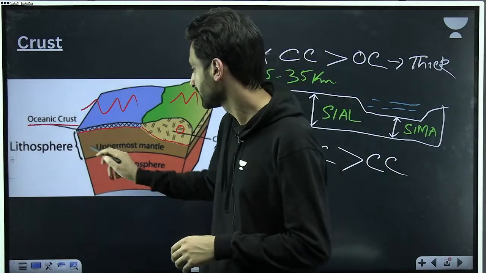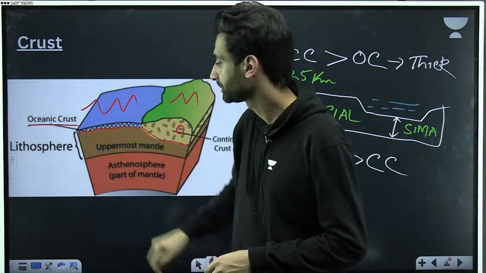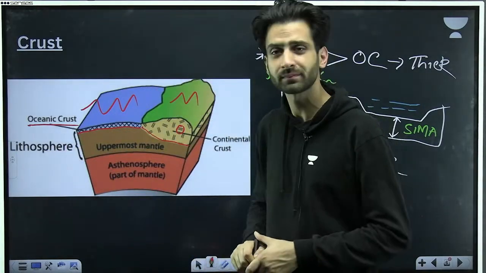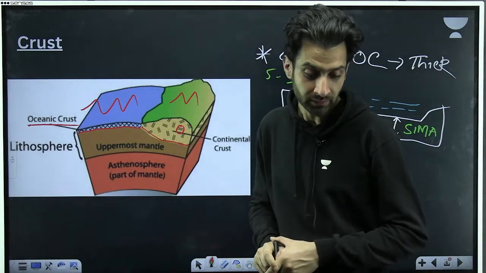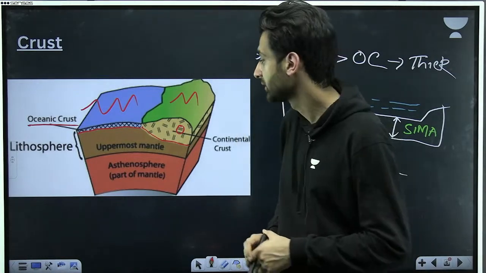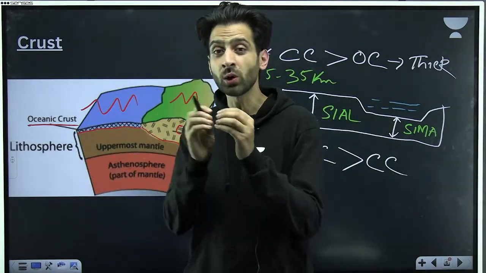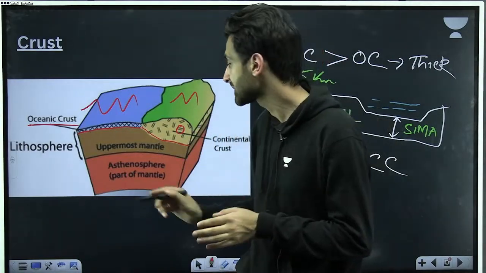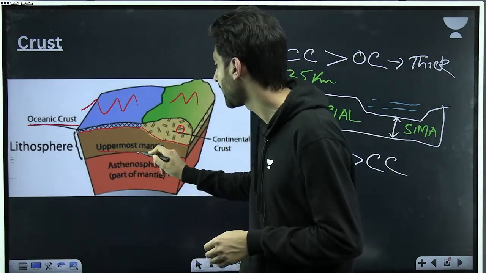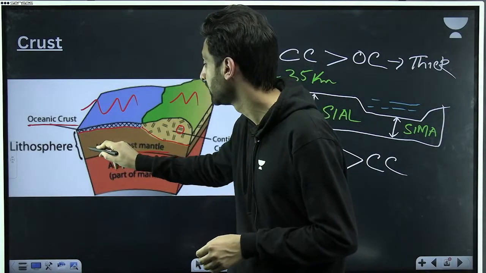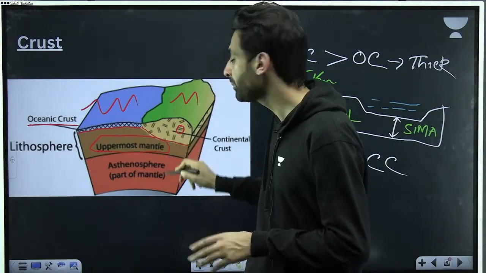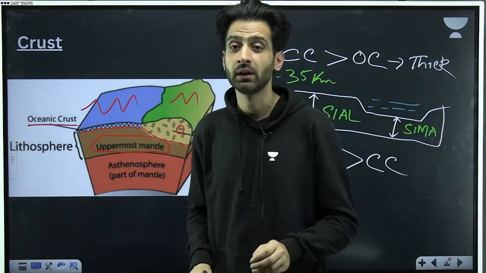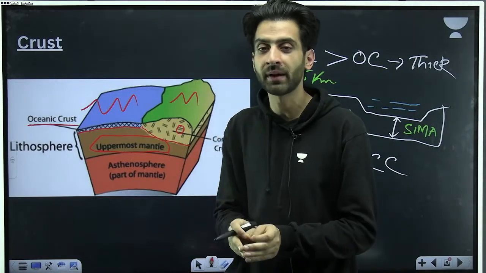But what is a lithosphere? Anyone knows what lithosphere is? Okay, see, it is a solid part that includes the crust as well as the uppermost part of the mantle. Remember the words uppermost part of the mantle, not the entire upper mantle or the mantle.